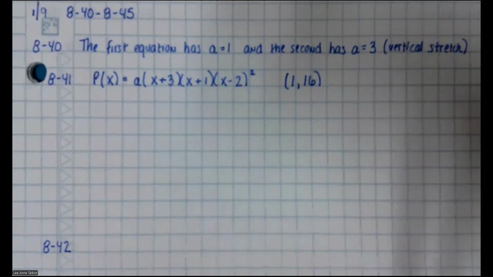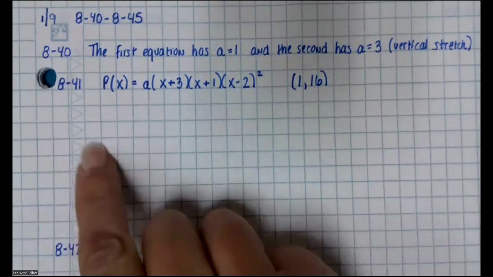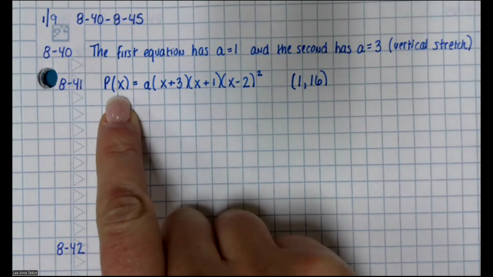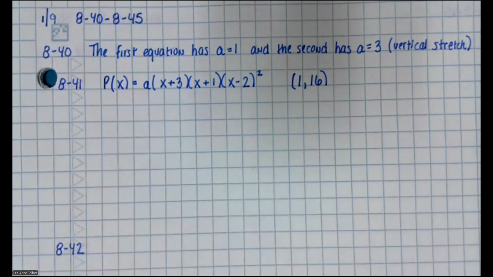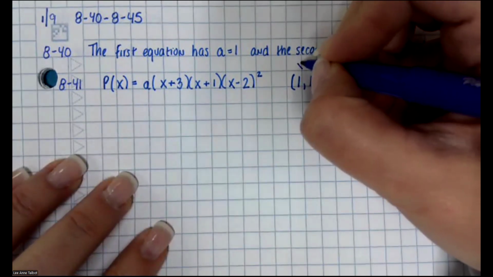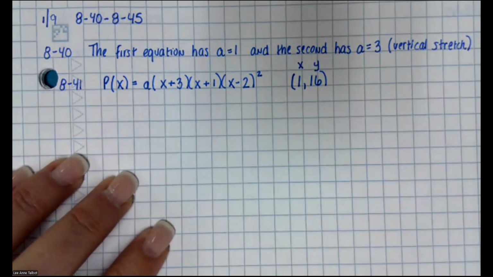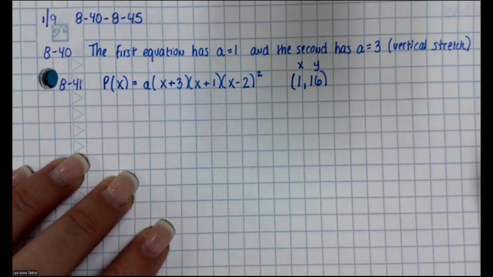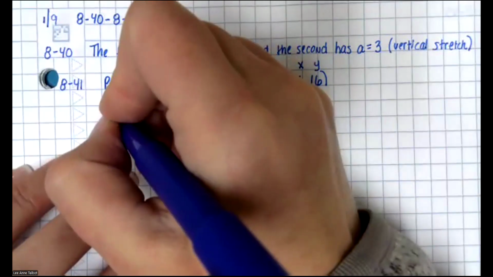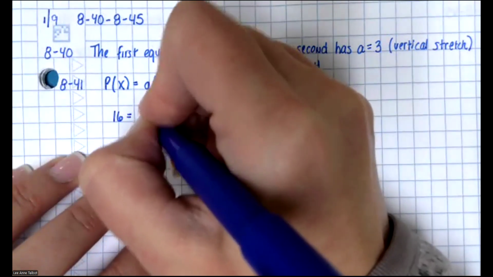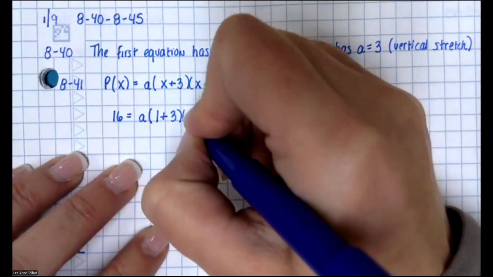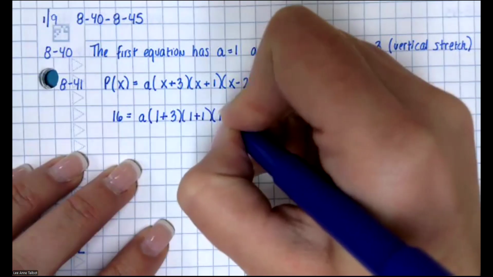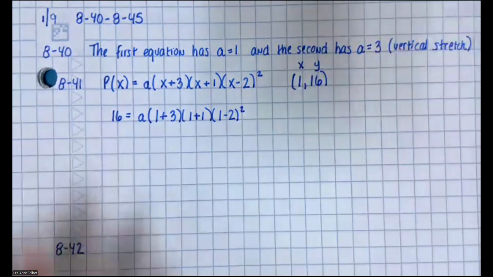First thing I want to tell you is that P of X just means polynomial of X, like f of X. It's not special, it's just Y. So over here, label your coordinate X and Y. And we are going to plug in for these to solve for A. So 16 equals A, 1 plus 3, 1 plus 1, 1 minus 2 squared.